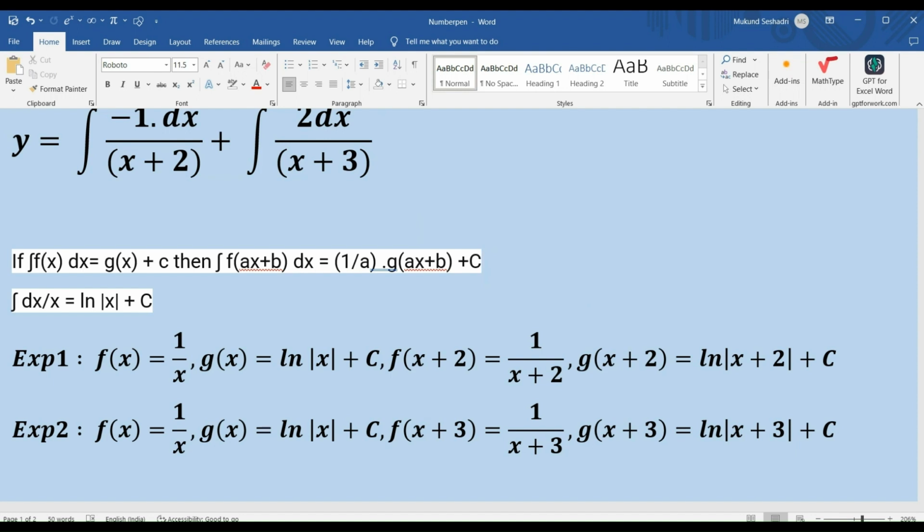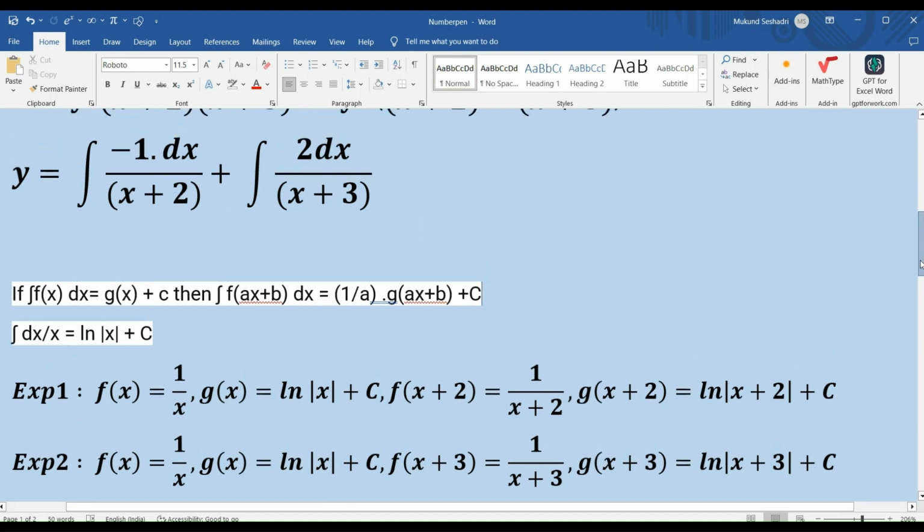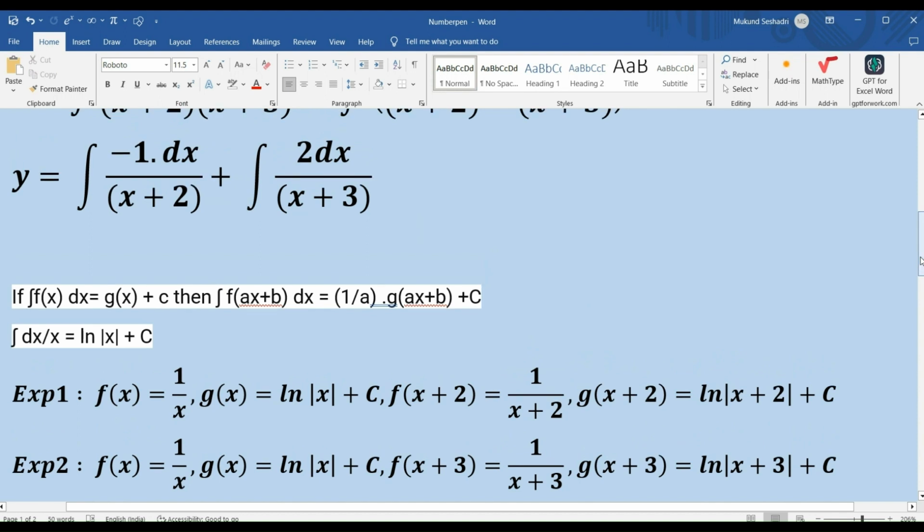And then for the first expression, which is integral of dx by x plus 2, keeping the minus 1 aside, I have in place of x, I have x plus 2, which means that my f of x plus 2 equals 1 by x plus 2, and therefore my g of x plus 2 equal to ln of mod of x plus 2 plus c, right?